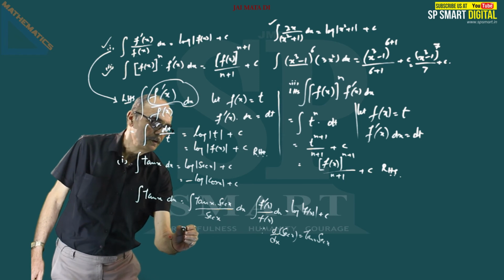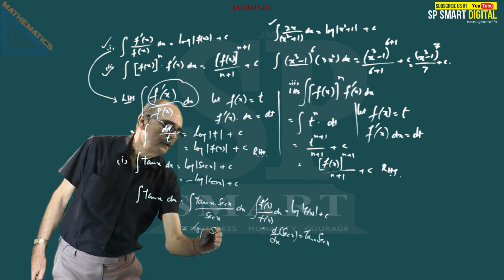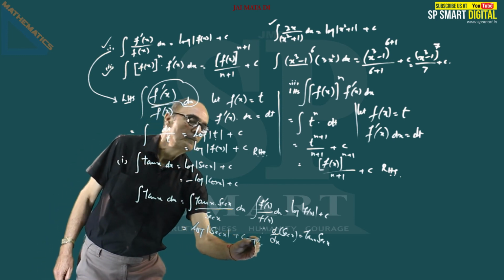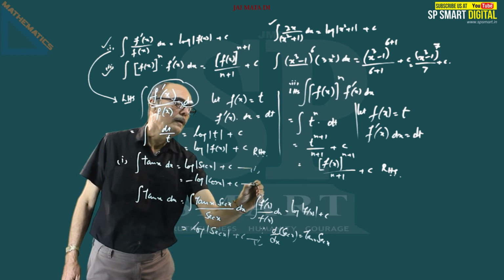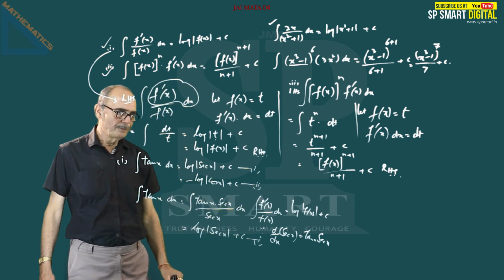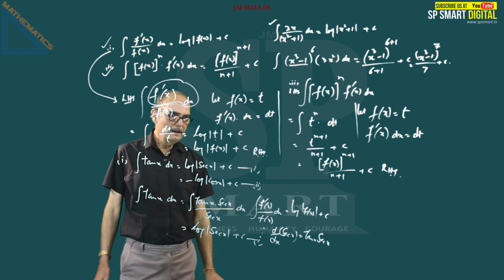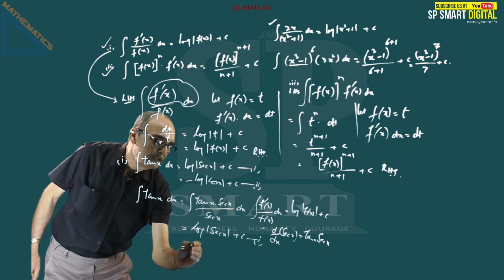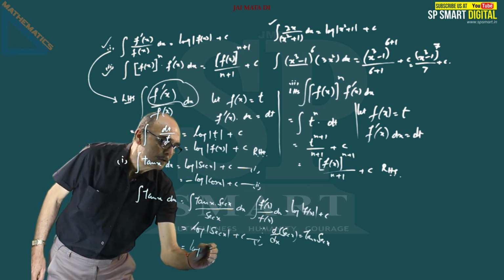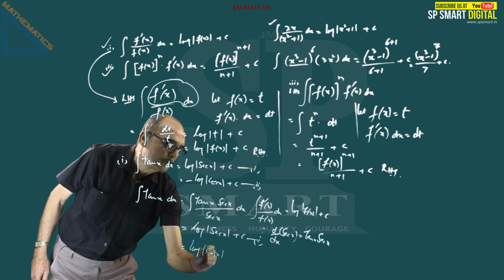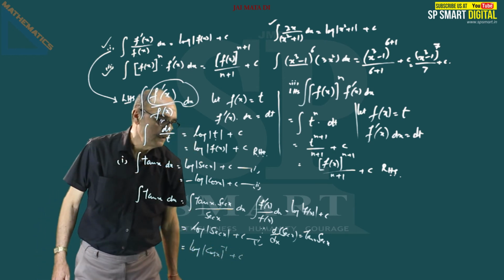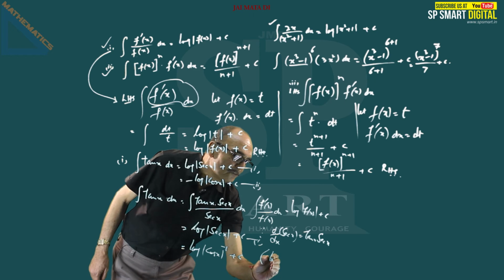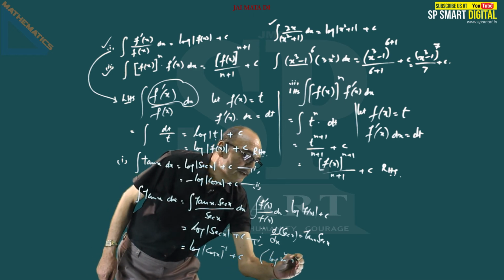So, this is log of secant of x plus c. This is the first form. For getting the second form, again we can get from here as log of cos x to the power minus 1 plus c, and use the basic formula for logarithms, log of m raised to power n as n log of m.